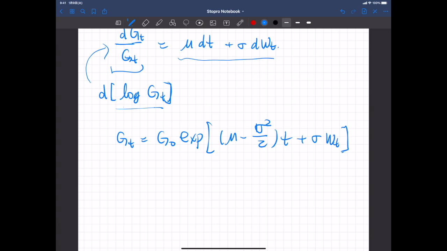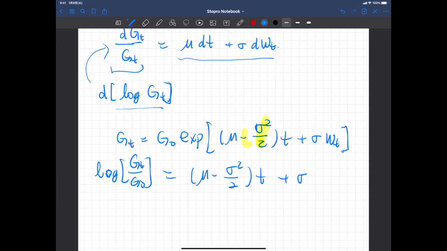Okay, so we have this extra term here. If you divide both sides by g0 and take the logarithm of it, we have log of gt over g0 equals mu minus sigma squared over 2 times t plus sigma wt.